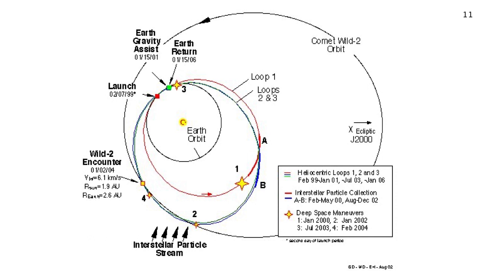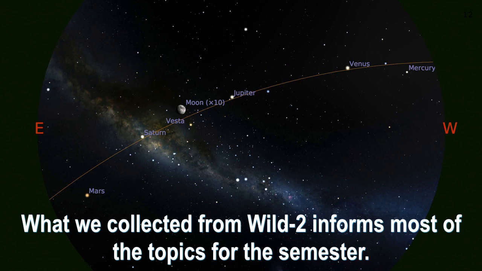It was designed to eject the collection capsule and parachute back down to the surface of Earth, just like astronauts coming back from the space station. Now, here's the interesting thing. What we collected from Wild 2 is tied up to almost every single topic that we study this semester.